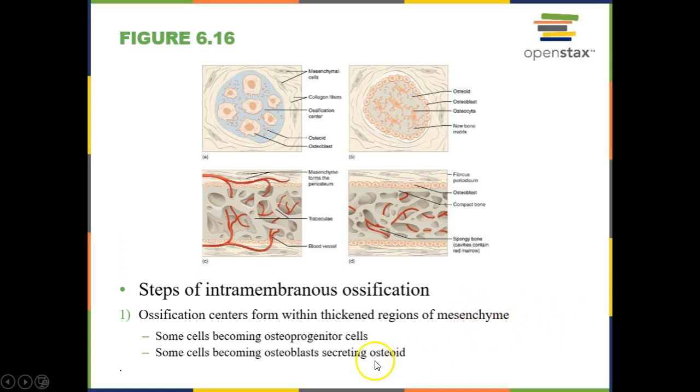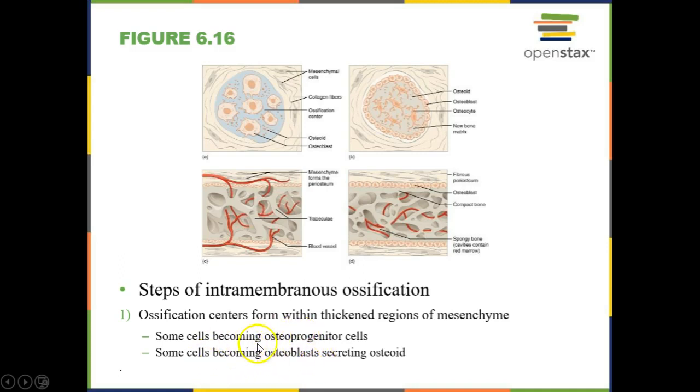And some of those mesenchymal cells then become osteoprogenitor cells. Osteoprogenitor cells are your bone stem cells. These osteoprogenitor cells will produce new osteoblasts, and some of the mesenchyme will become osteoblasts.